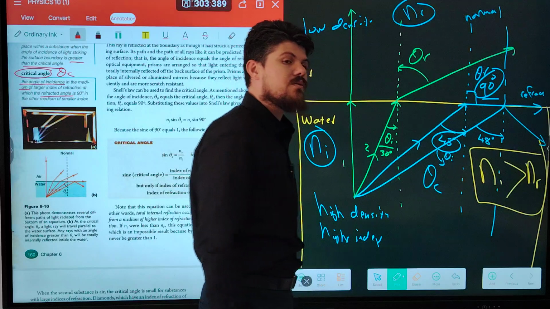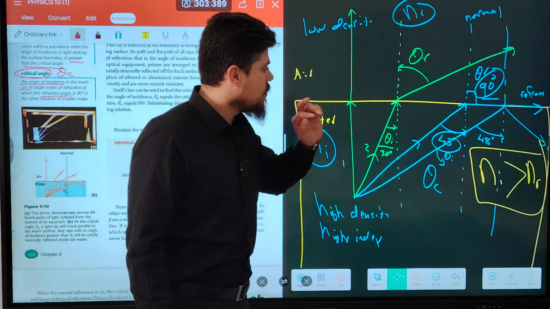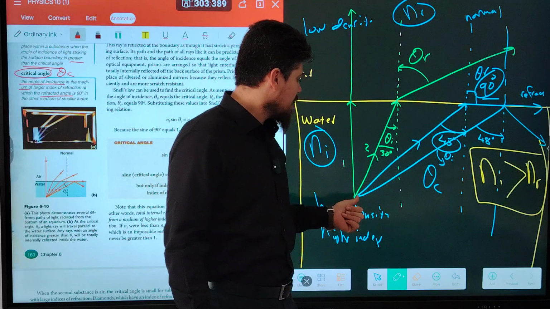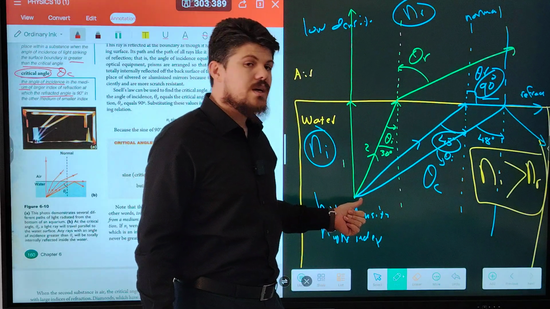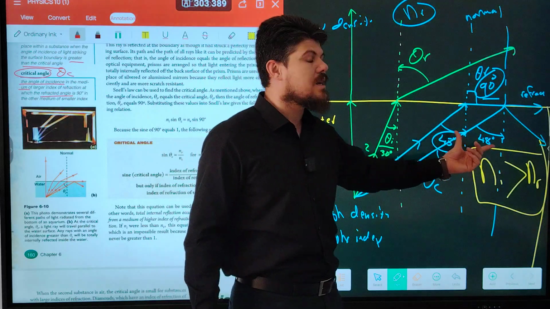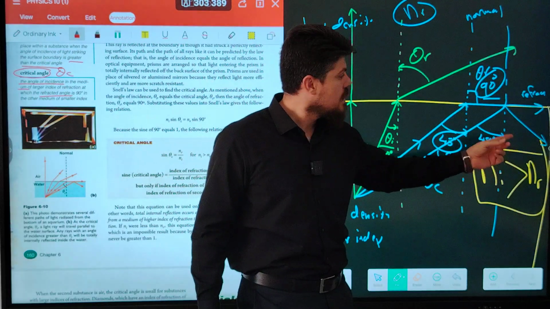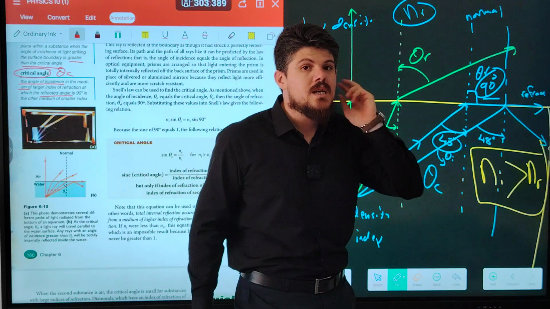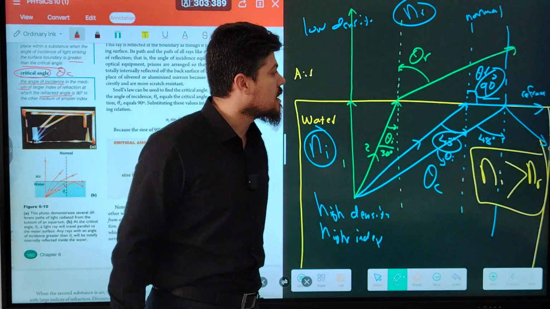Instead, it's going to be reflected. When does the light not refract? It's going to be reflected if the angle of incoming is bigger than the critical angle. So in that case, the light does not refract. Instead, it's going to be total internal reflection.